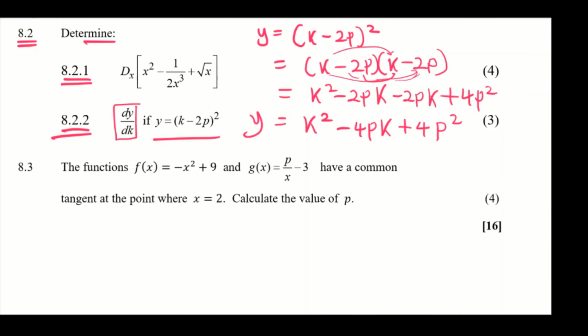So we're going to differentiate the expression of y with respect to k, right? So we're going to differentiate this k squared, so it's going to be 2k. And if we differentiate this, it's going to be minus 4p, because we're differentiating with respect to k, right?